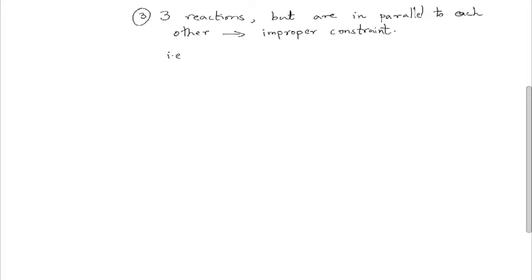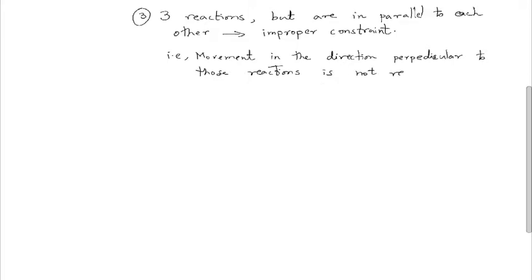And this just means that the movement in the direction perpendicular to those reactions, which are parallel, is not restrained. So which means you don't have equilibrium, or static equilibrium.